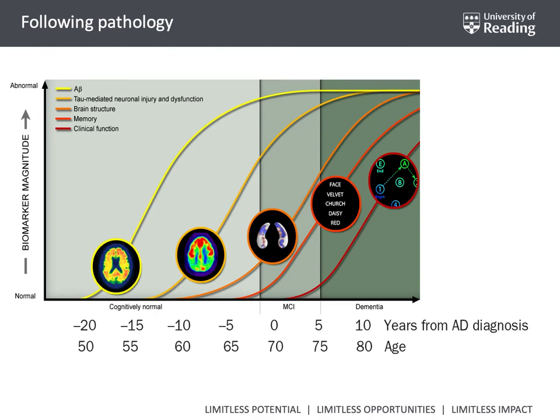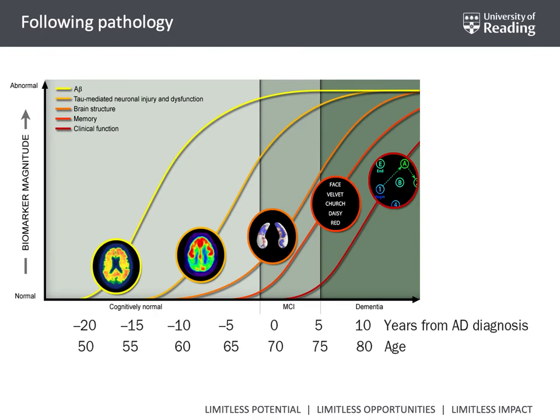And you can then track the other cohorts as well, in terms of some of the language deficits. And this is looking at some of the PET imaging as well, to look at some of the other hallmarks that we're interested in. So what you can see is all of them start well before someone goes through the door to the doctors to say, I think I'm having problems with my memory, or some behavioural changes, send them to the doctor.